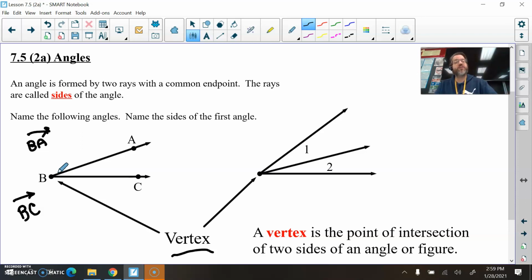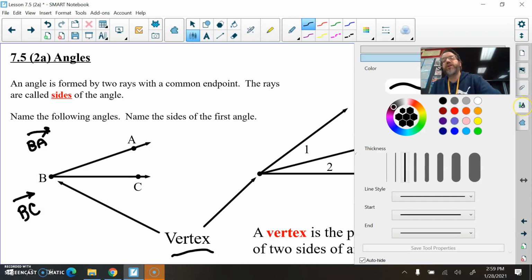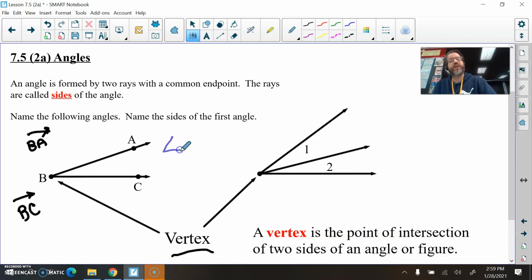These rays are called the sides of the angle, just so you know. I have ray BA, I have ray BC. Those are the sides of the angle. If I want to name these angles, there are a couple of ways that we will name angles. Here's the symbol for an angle. I can call this angle ABC, or I can call it angle CBA.